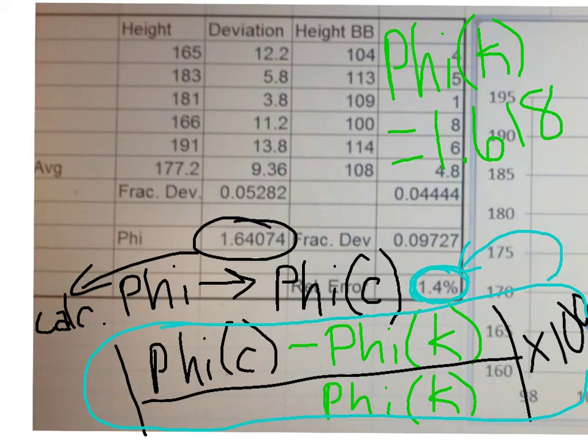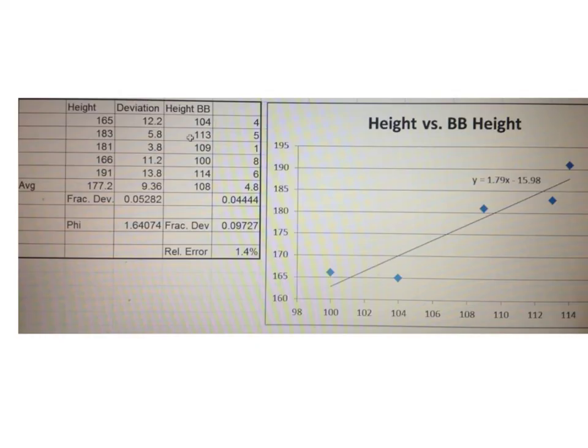Now, that's this part. The next part we're going to look at is how to make a graph, because this is one relative error. We also want to look at how to find the slope, because the slope is also going to give us a value for phi. Okay, here's how we're going to make our graph. Again, you want to make sure that you line up an appropriate x-axis, and notice that our smallest value is 98 and our largest value is 114.